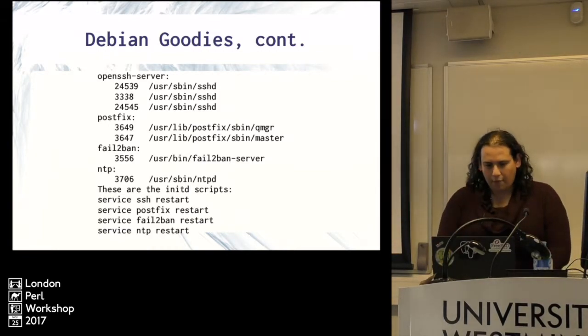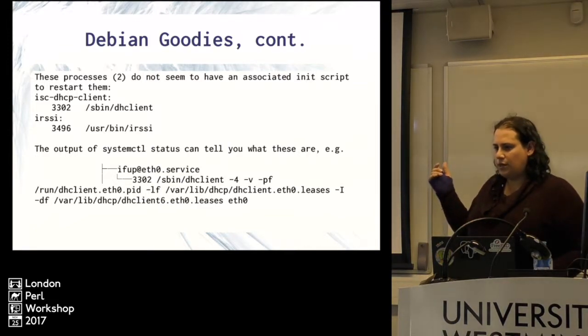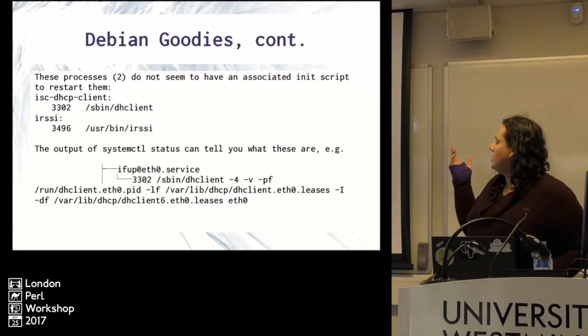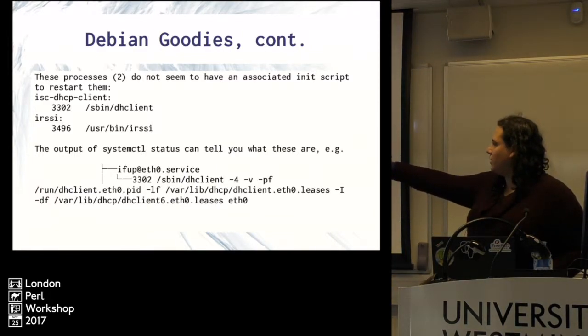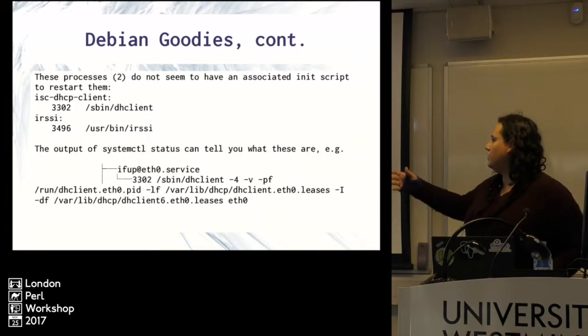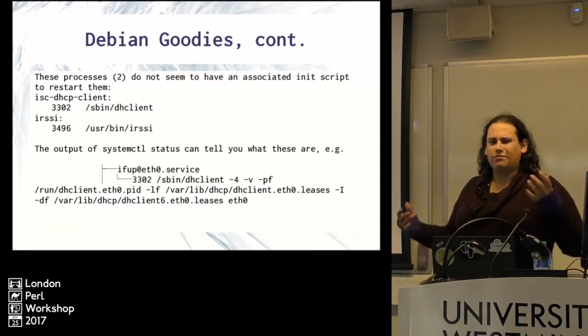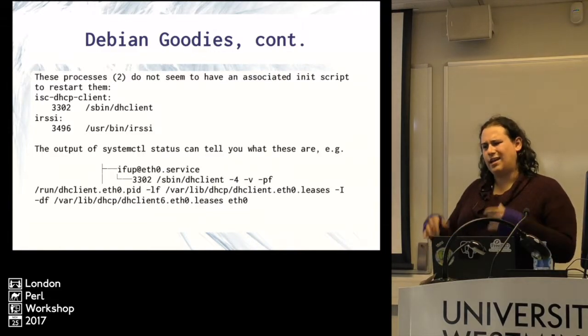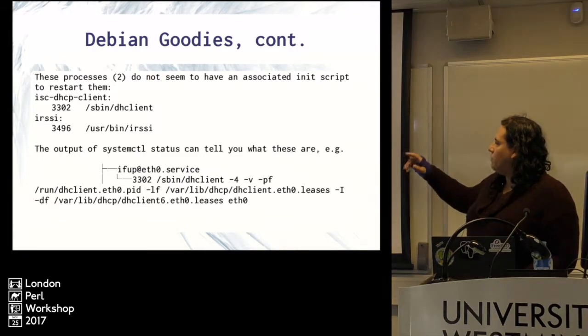It will also tell you things like these processes don't have an associated init script with them, like ISC DHCP client, and IRC. And well, I know that my IRC instance is running inside of a tmux session, and I don't quite feel like restarting that and having to go through changing windows and things like that. So not going to bother with that.